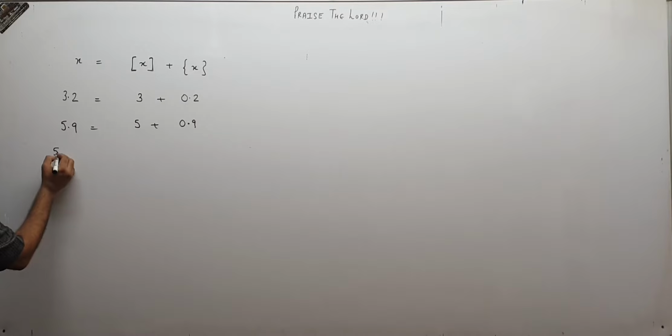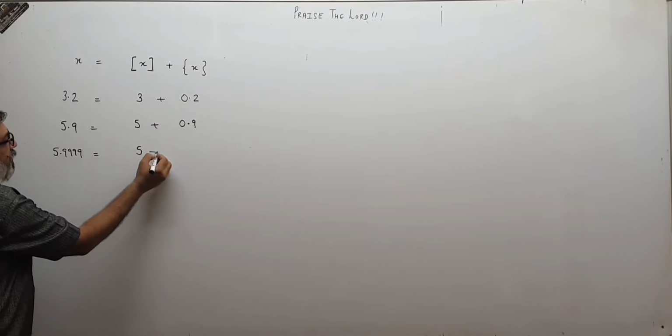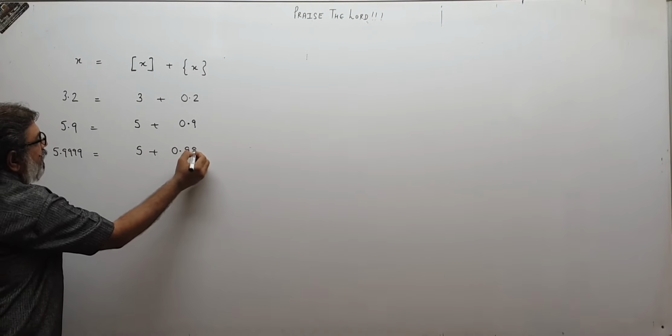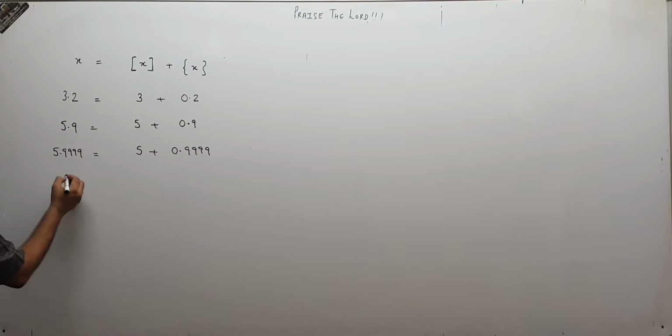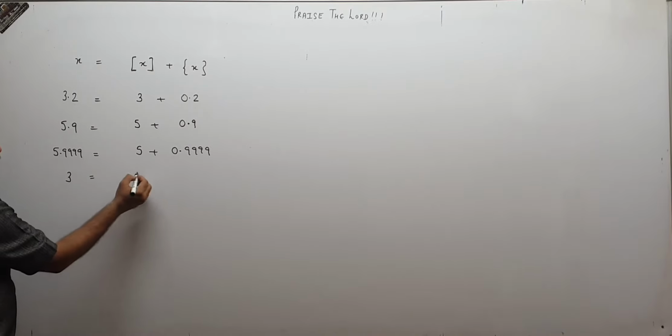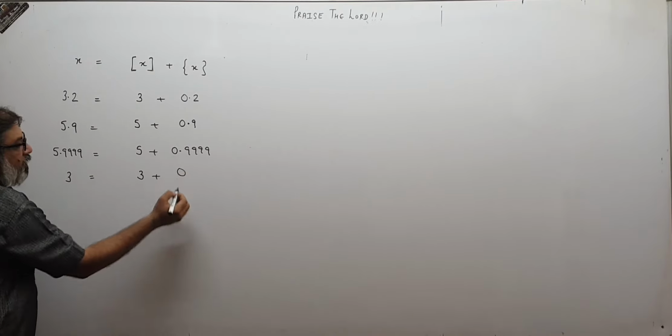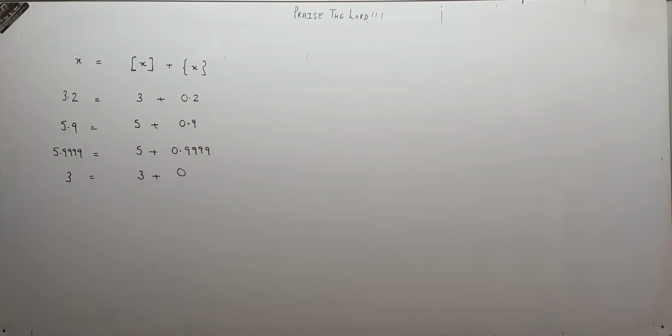If I am given a number like 5.9999, then 5 will be the integer part and 0.9999 will be the fractional part. If there is a number like 3, so 3 is the integer part and 0 is the fractional part. And if I am given a number minus 1.2, now watch carefully.